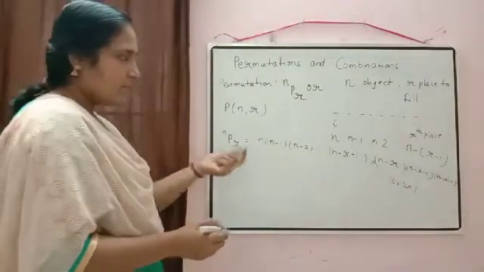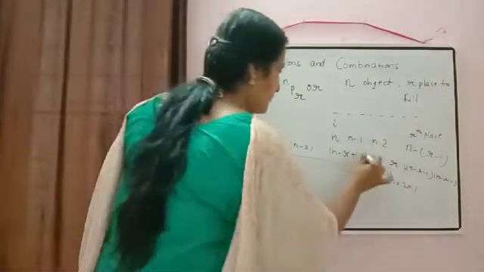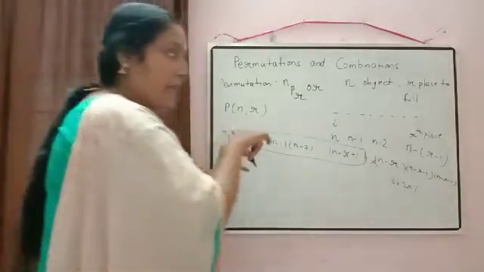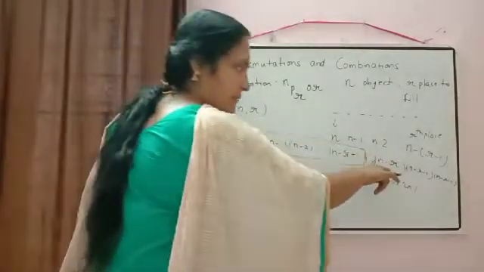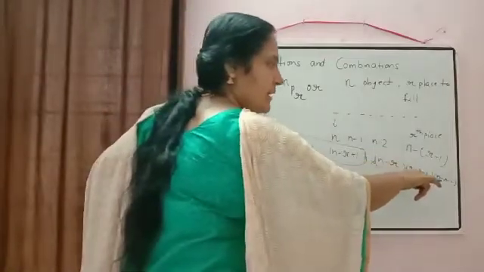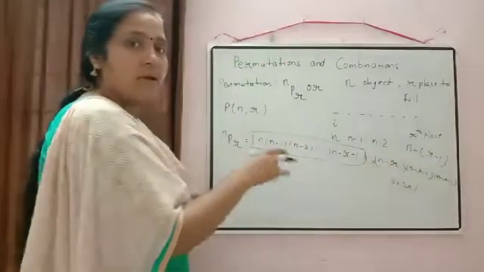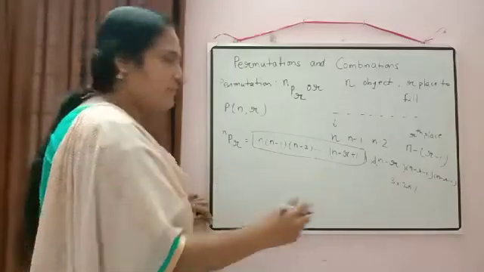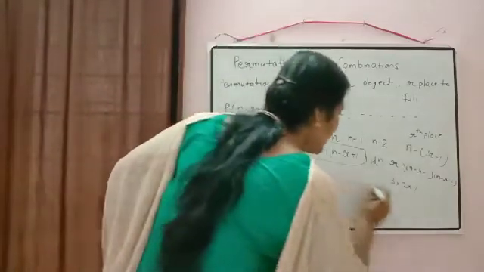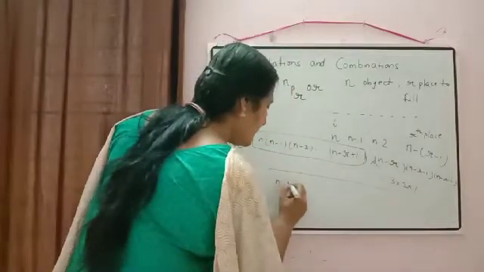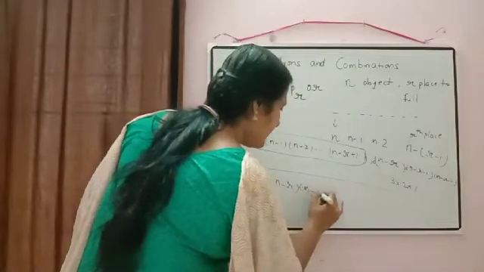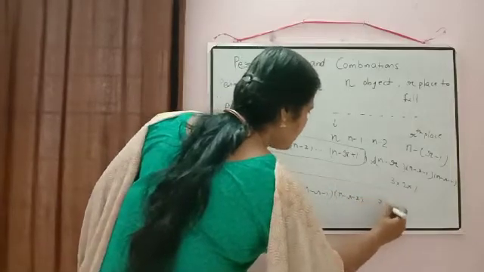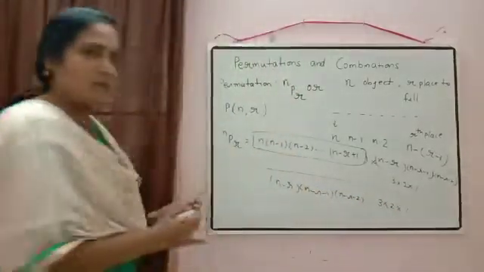So in this way it will go on decreasing and at last we will get the numbers 3, 2, 1. So what I did, this was the formula for nPr. In this formula I multiplied by n minus r into n minus r minus 1, in this way multiplied. So if I am multiplying, to balance it what do I have to do? I have to divide also. So multiply and divide by the expression n minus r into n minus r minus 1 into n minus r minus 2, etc., up to 3 into 2 into 1.